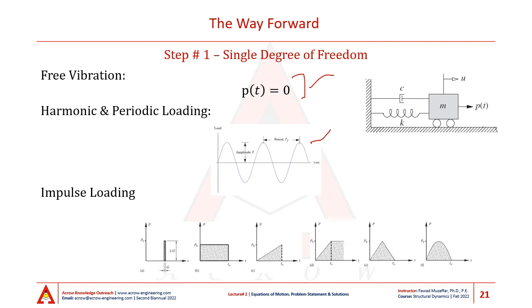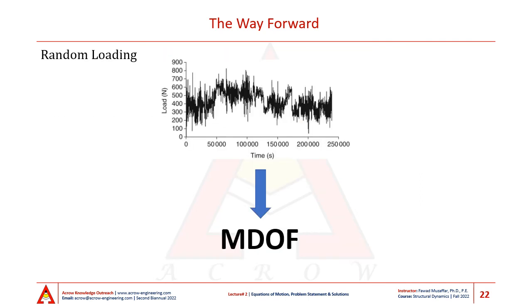Then we will learn about the impulse loading. This is where we learn about the Helmholtz integral and all that. After that, we're going to learn how to calculate the response of the structure subjected to random loading. This is where we're going to learn about the Fourier transforms and also the Duhamel's integral and all that.